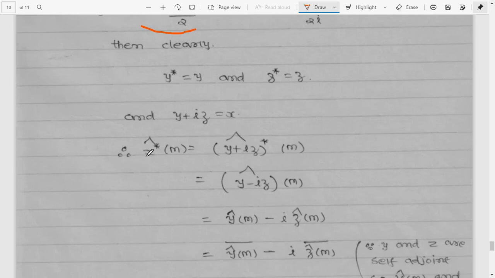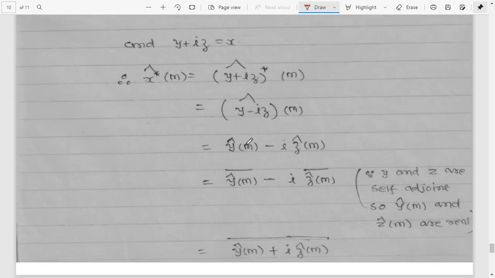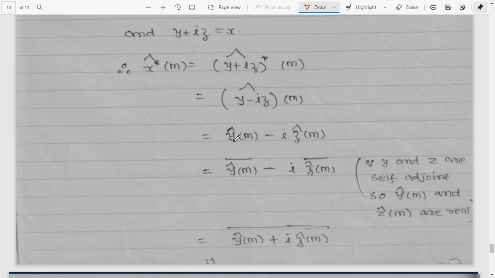So x star cap of m is equal to, putting the value of x, y plus iota z star, and now y plus iota z star is equal to y minus iota z, and now applying cap, y cap of m minus i z cap of m.